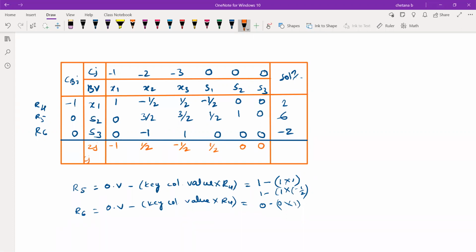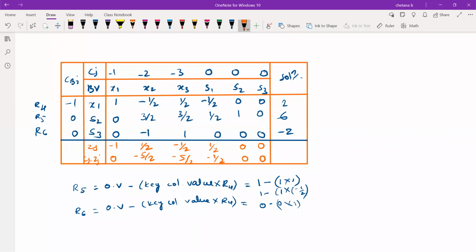Then you have Cj minus Zj. 1 minus 1 minus of minus 1, 0, minus 2 minus 1 by 2, 5 by 2, minus 5 by 2. Then you have minus 5 by 2, minus 1 by 2, 0 and 0.